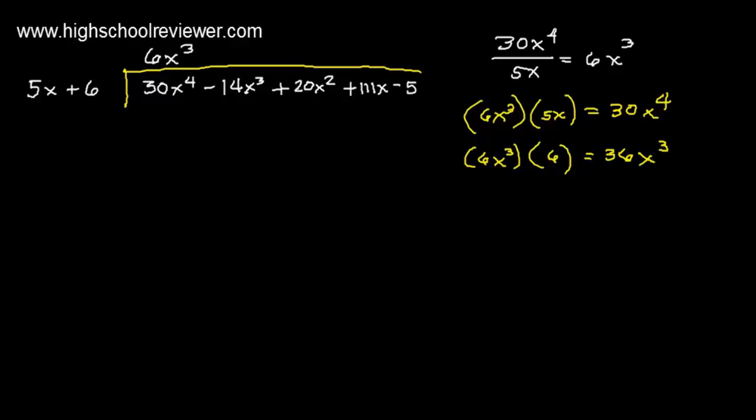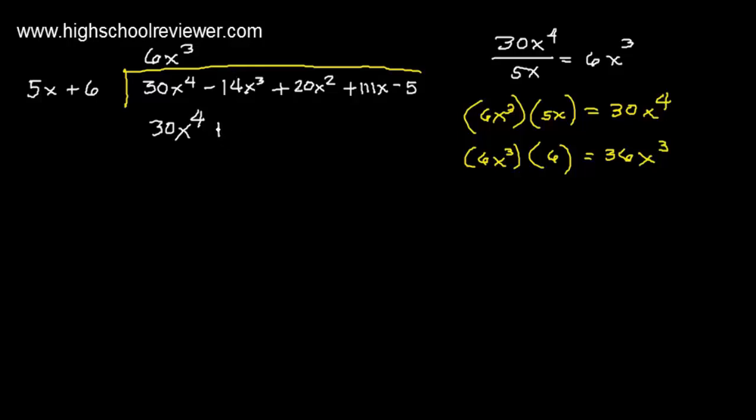And then we will put 30x to the fourth and 36x cubed to the same column of the same terms. 30x raised to the fourth, since they have the same x raised to the fourth, this will be put on the same column as 30x to the fourth. And then x cubed, since they have the same x cubed, this will be put on the same column of negative 14x cubed.